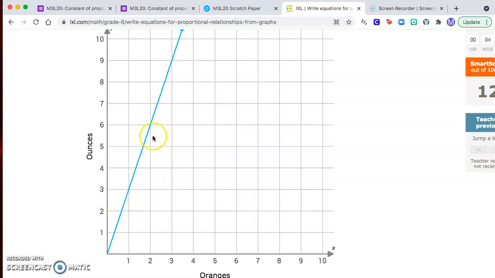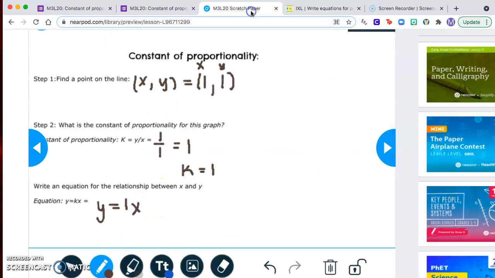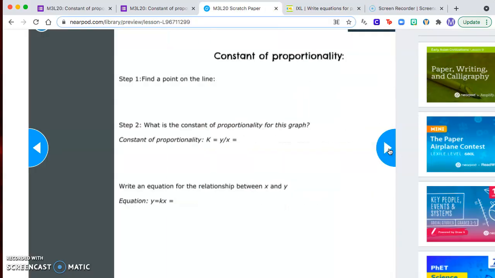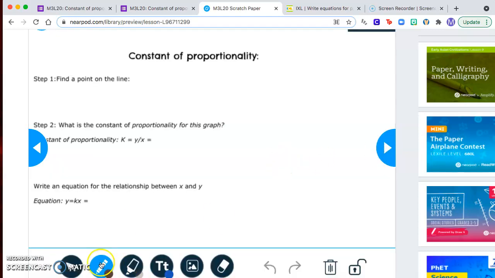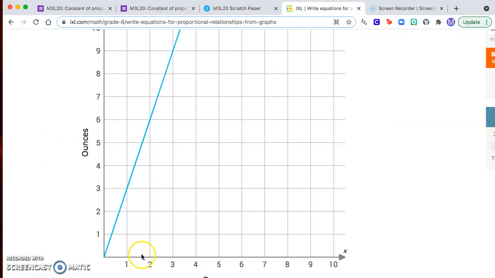For the next one, again, we have multiple points, and you have multiple pages if you need to show your work. A point on the line right here is 1, 3. We read this from the x-axis: we go over 1, and then up 3.